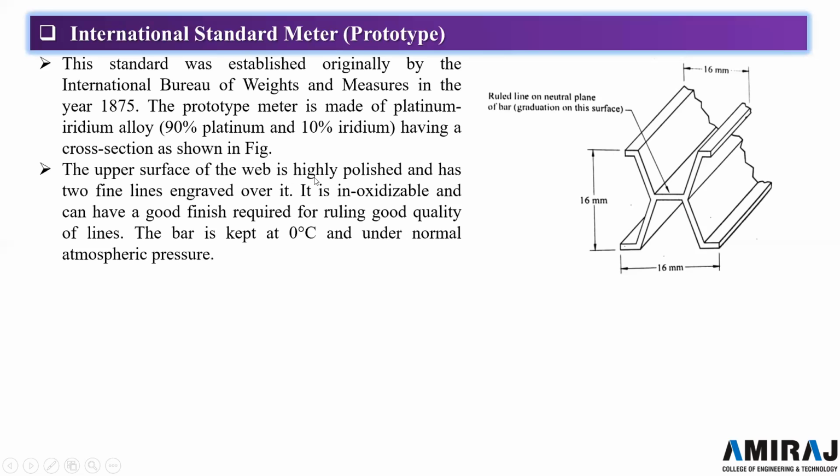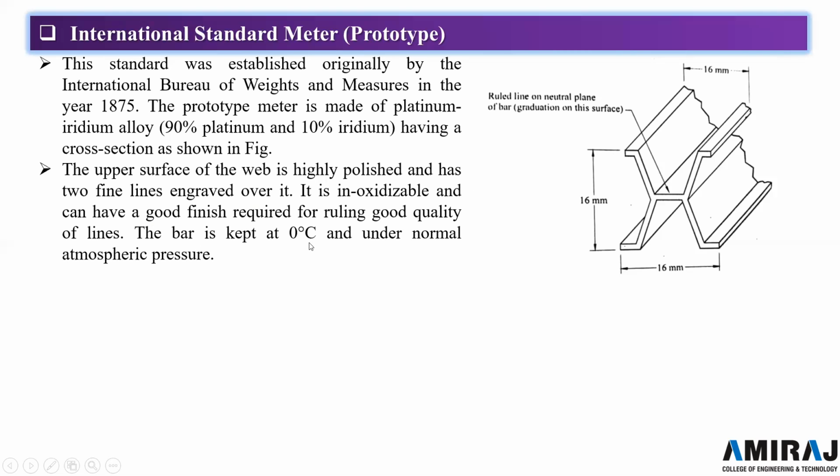The upper surface of the web is highly polished and has two fine lines engraved over it. It is inoxidizable and can take a good finish, required for ruling good quality lines.